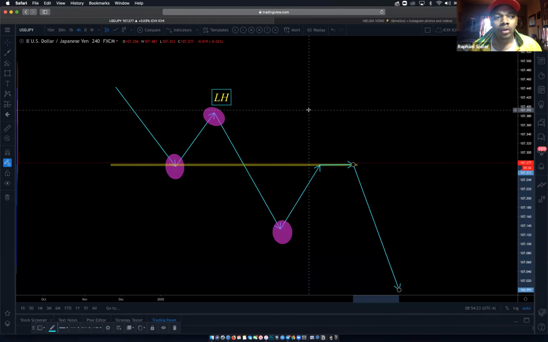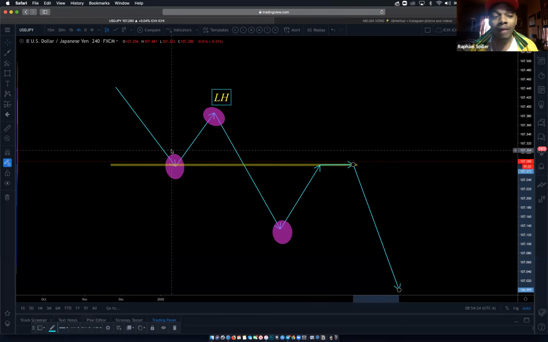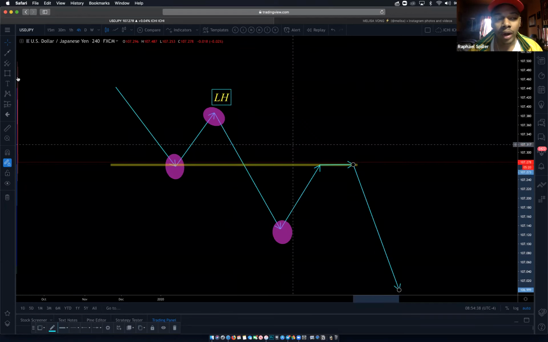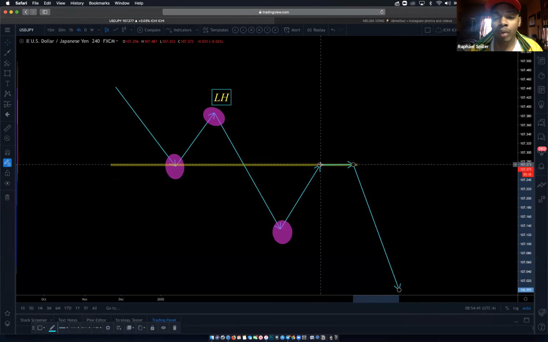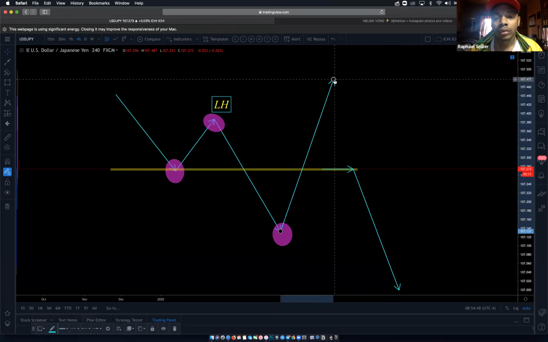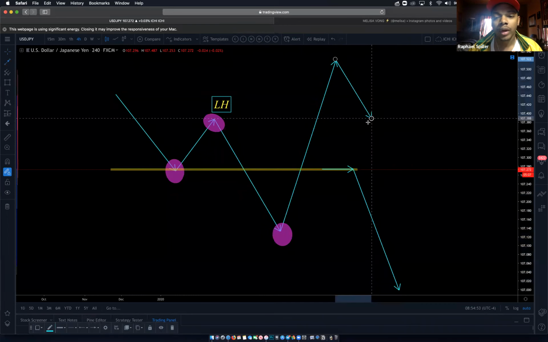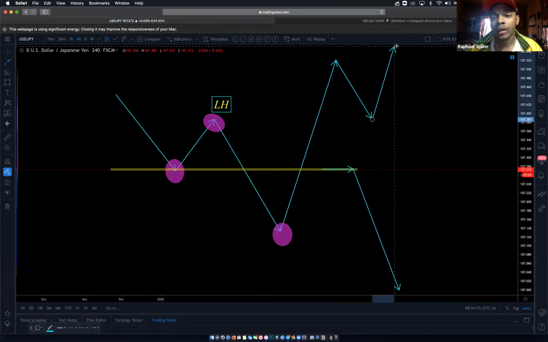I want to put this simply: how you know if you're reversing or not is you have to look at the previous high. That's why I identified this high. So I would have to break this, retest it as support, and then take off.